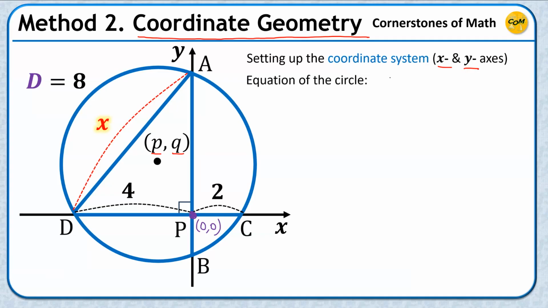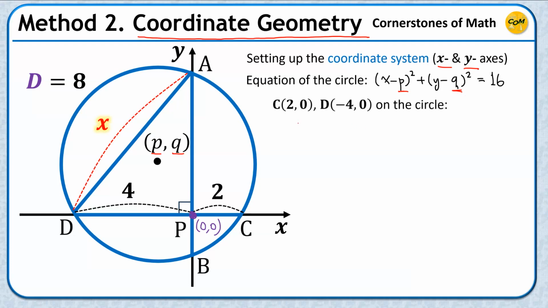Then the equation of the circle is x minus p squared plus y minus q squared equals, the radius of the circle is 4, hence 16. We have to find the values of unknowns p and q, hence we require two equations.